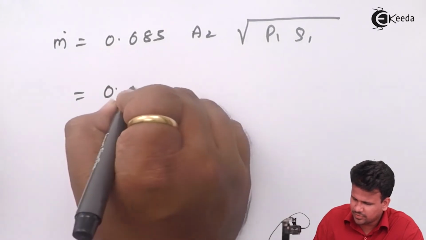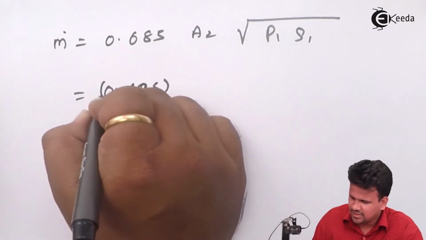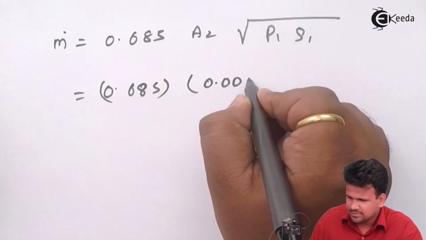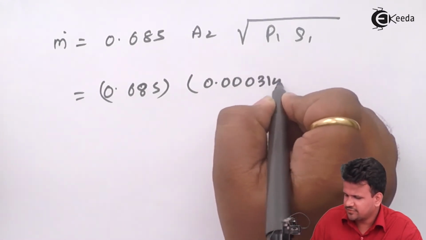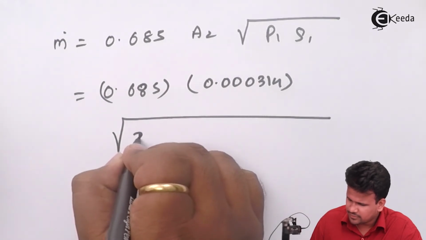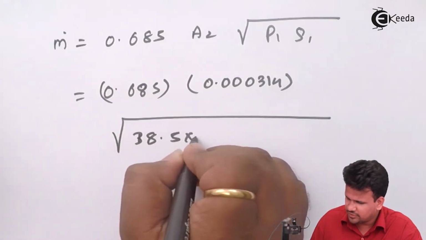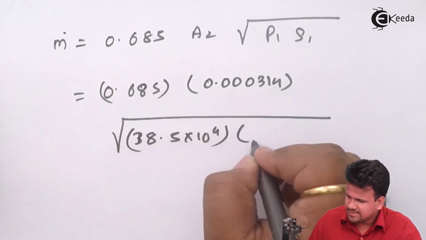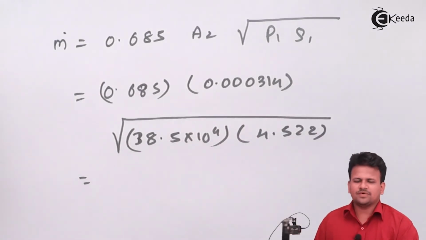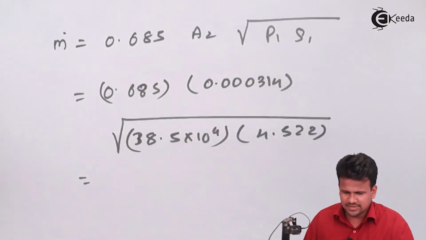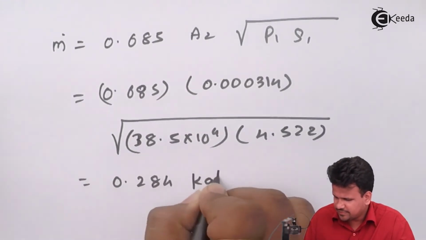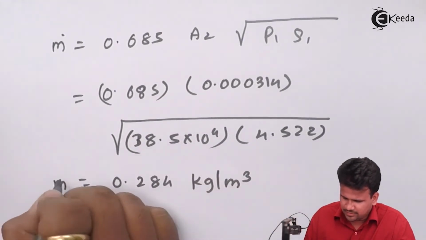So this is 0.685 into A2, that is 0.000314, into square root of 38.5 into 10 raised to 4 and density as 4.522. On calculation of this entire part, we get the value as 0.284 kg per second, m dot.